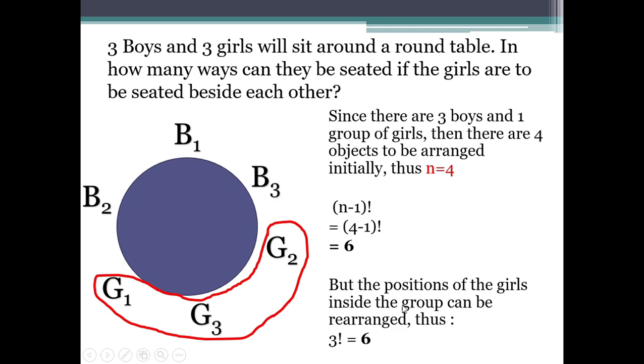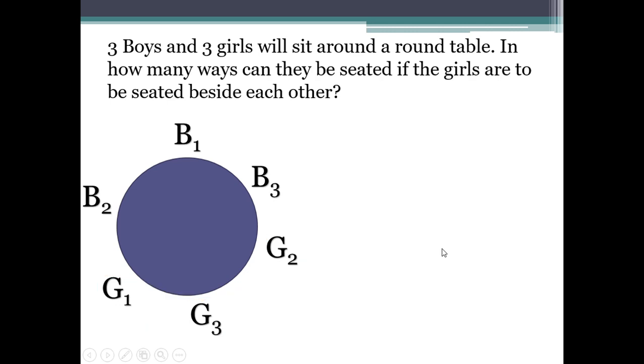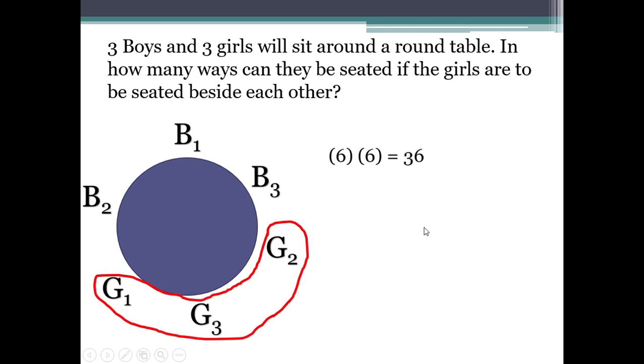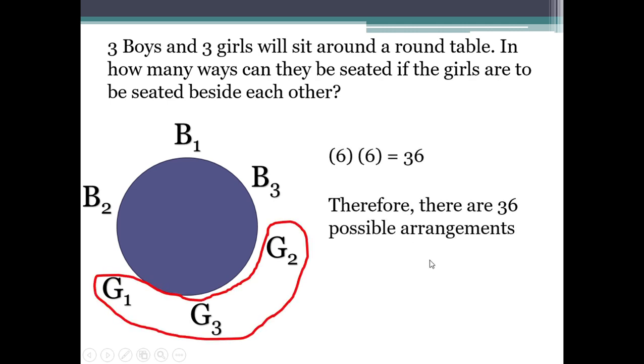That means we multiply the outcome of the circular permutation with the girls grouped times the rearrangement within the group of girls. So 6 times 6, 36. Therefore, there are 36 possible arrangements for 3 boys and 3 girls to sit around a round table wherein the girls are seated beside each other.